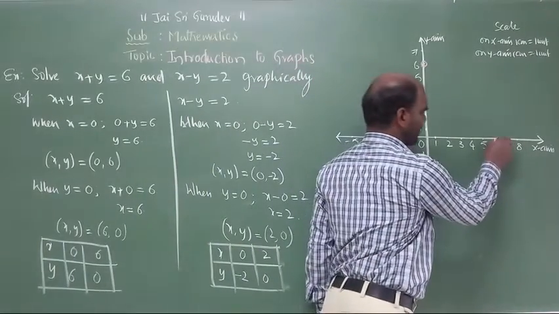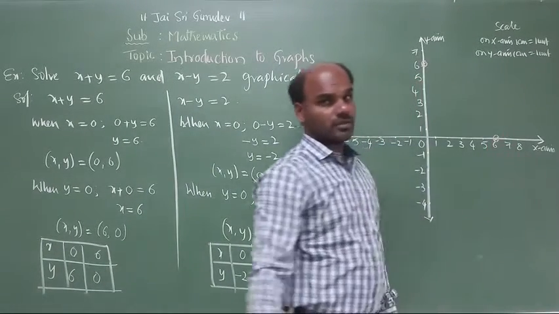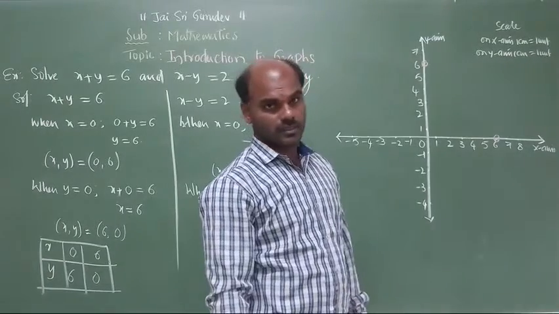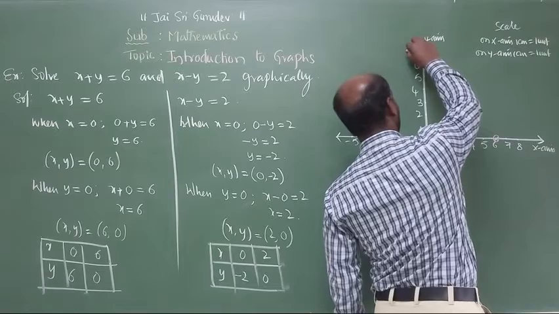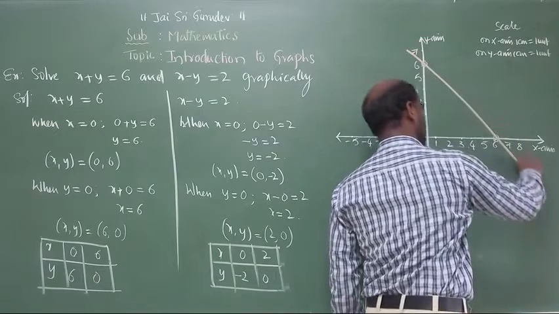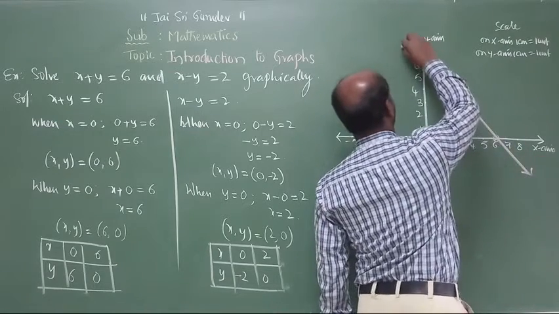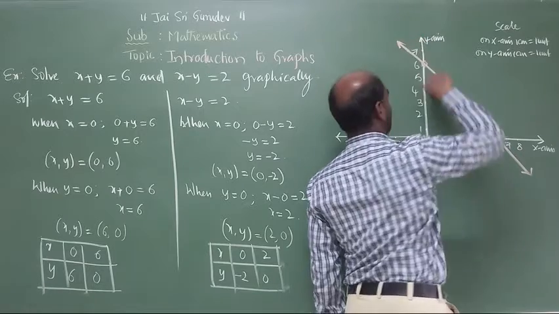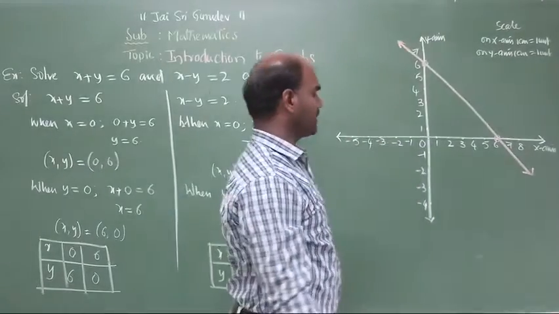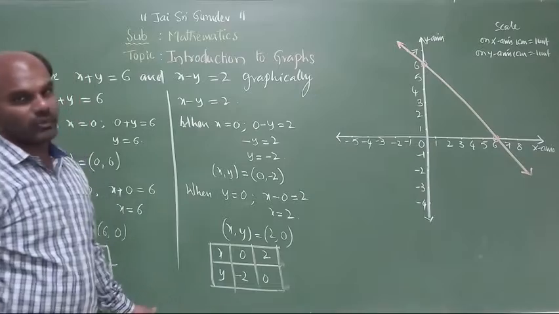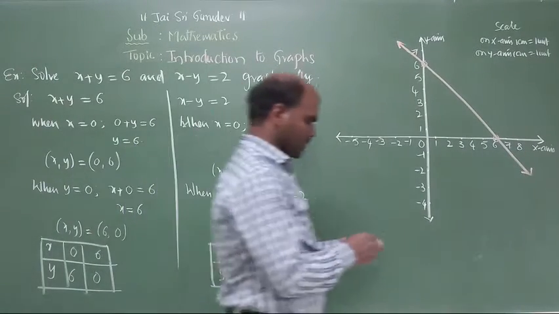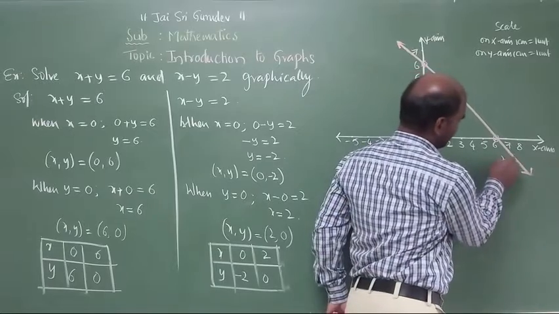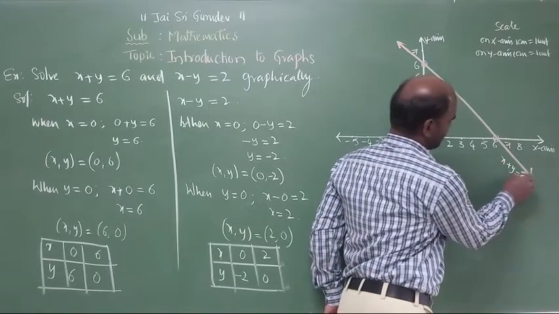Then you have to take the scale and join these. Next, you have to write the equation name also. The equation name is x plus y is equal to 6.